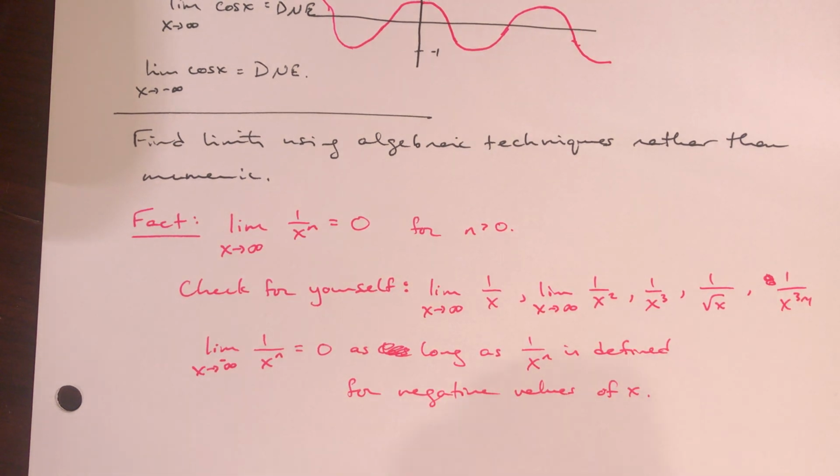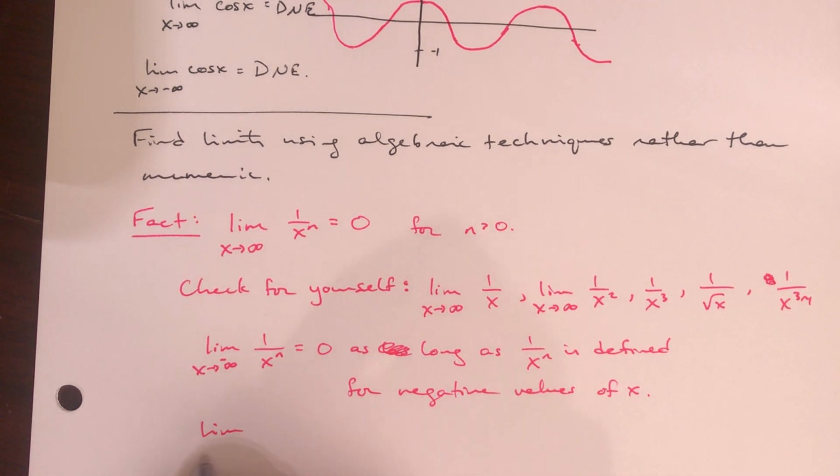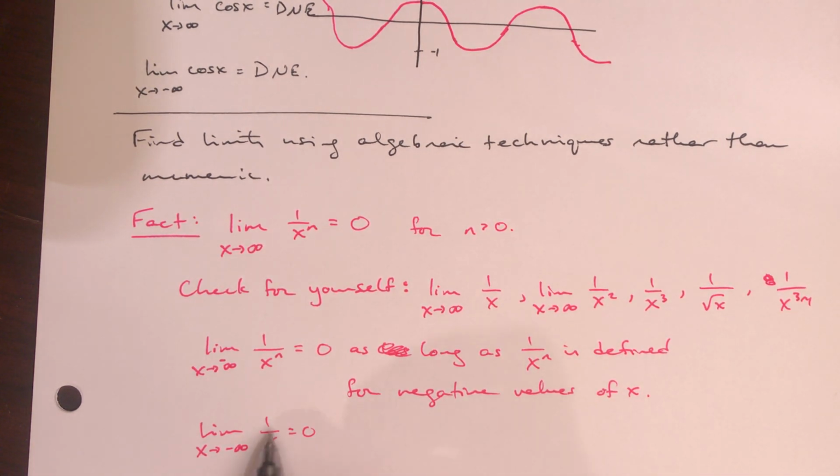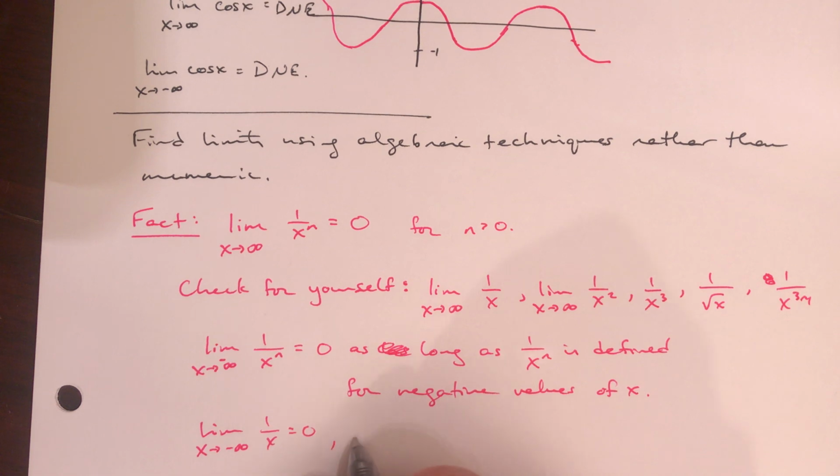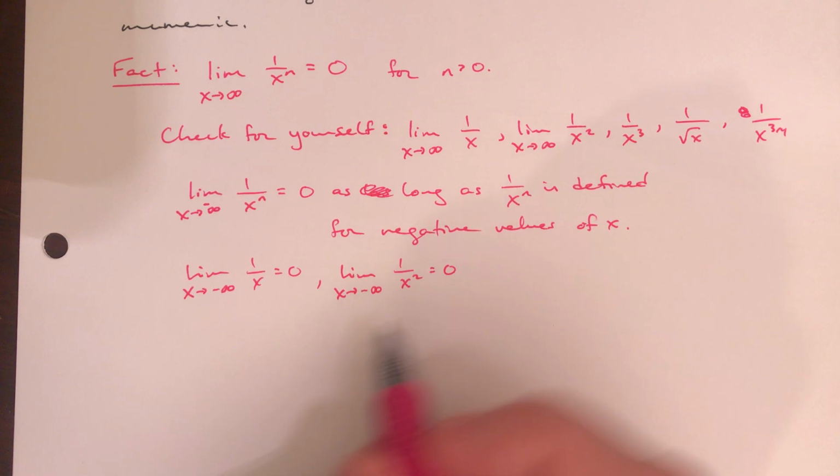Now, what does that mean? The limit as x goes to negative infinity of 1 over x really is 0. You can graph this 1 over x and look at what happens way out on the left side of it. The limit at negative infinity of 1 over x squared really is 0. I can square negative numbers, no problem. I can do that all day long.